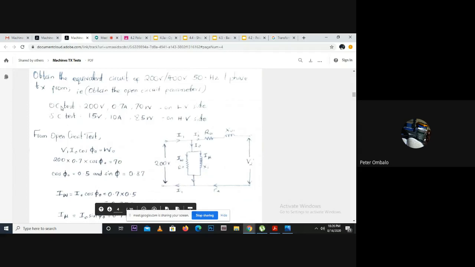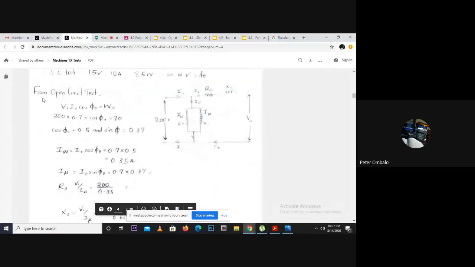So on conducting an open circuit test, these are the parameters that we got: 200 volts, 0.7 amperes, and 70 watts. And again, the open circuit test is conducted on the low voltage side, and the short circuit test is conducted on the high voltage side, as we will see when we get there. But these are the parameters we have from the open circuit test.